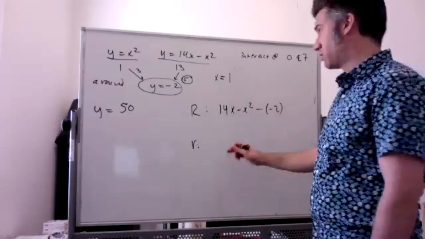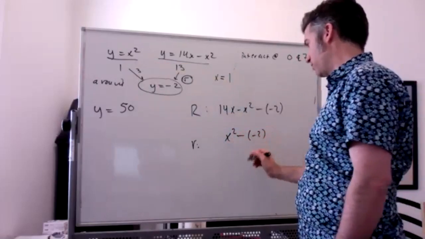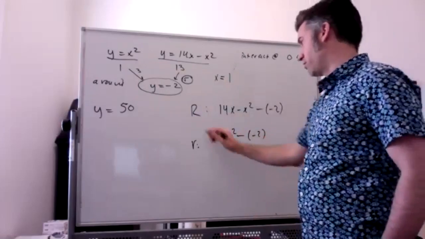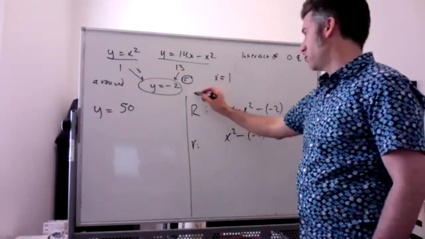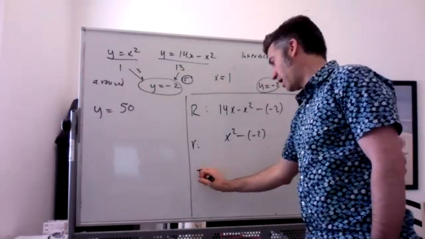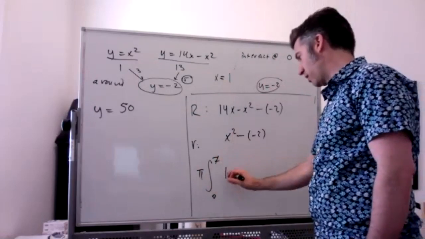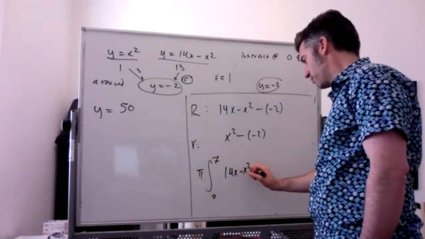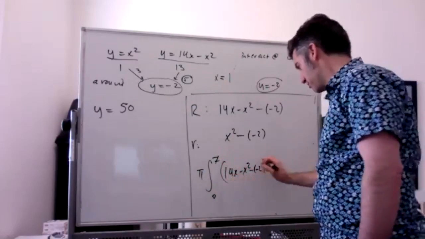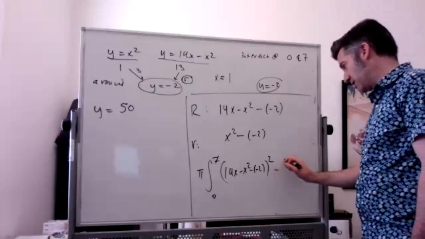The small radius would be the closer function minus -2. And my integral around y equals -2 would be pi, still the integral from 0 to 7, big radius squared, which now has an additional minus minus 2, minus the little radius squared.